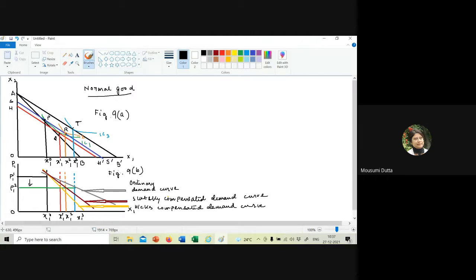Please add: We have so far considered both the substitution and income effects to construct an individual's demand curve for a certain commodity.